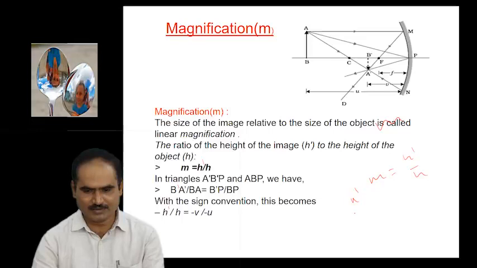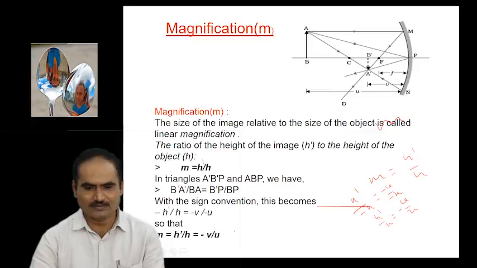H' by minus H is equal to minus V by minus U. So therefore, H' by H is equal to minus V by U, we will take it, because this minus gets cancelled, whereas this minus will be taken to the other side. So that we will write here. So then we write this magnification: H' by H is equal to minus V by U.